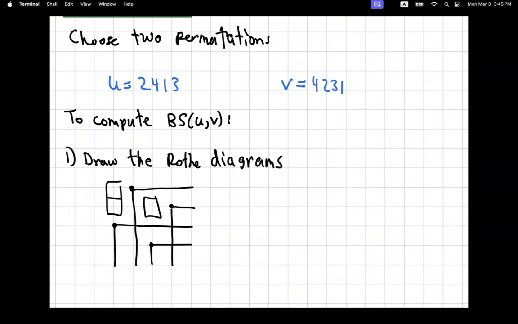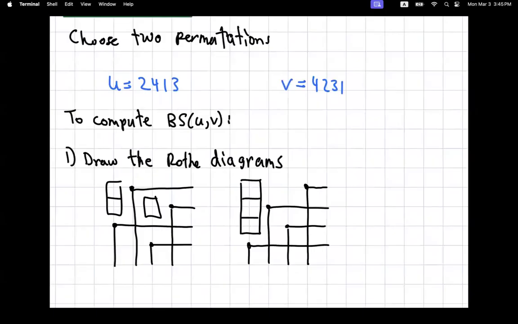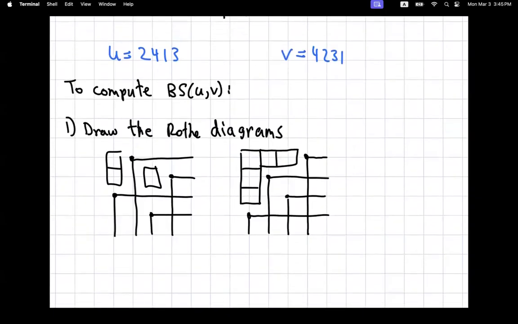And now for V: 4, 2, 3, 1. Okay, and then I'll draw these boxes. So that's step one, to draw the rothe diagram.